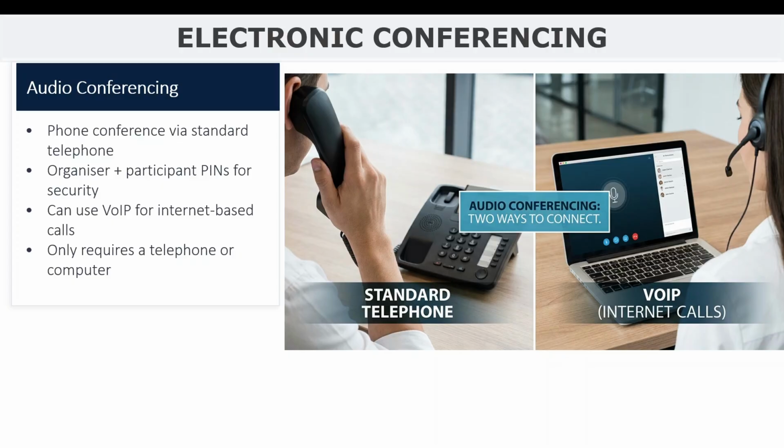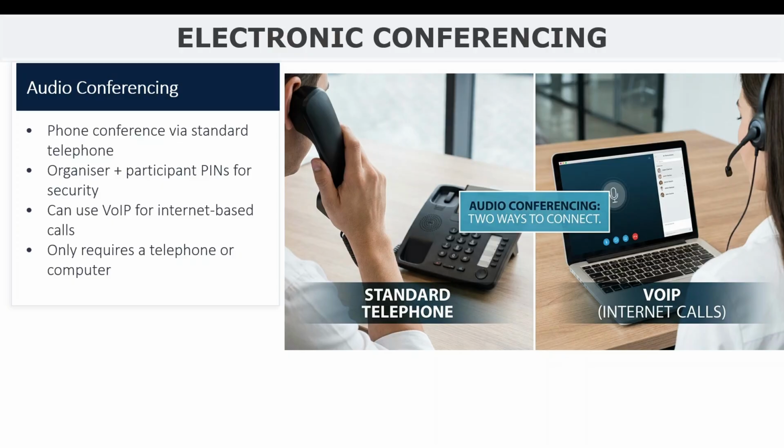So phone conference can be either standalone or you make use of the internet. So it's basically the organizers and the participants have a PIN. When they dial a common code, they are able to join a meeting.